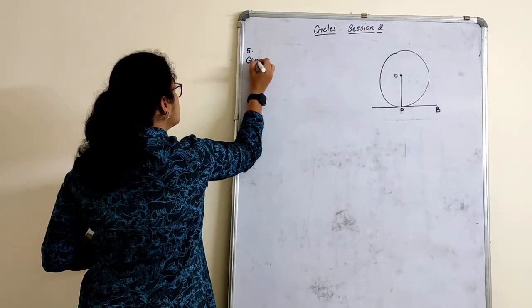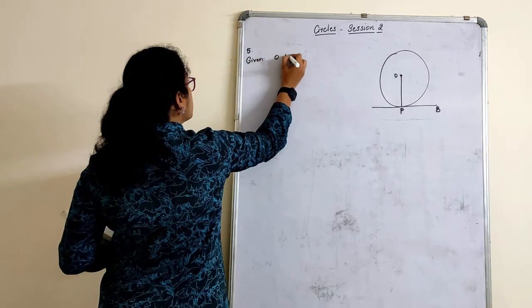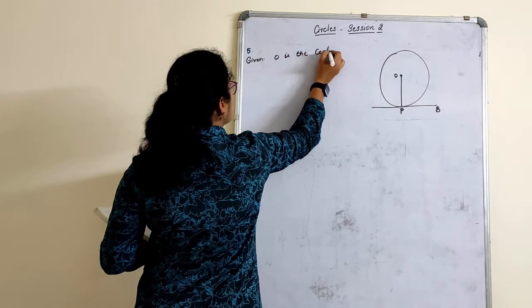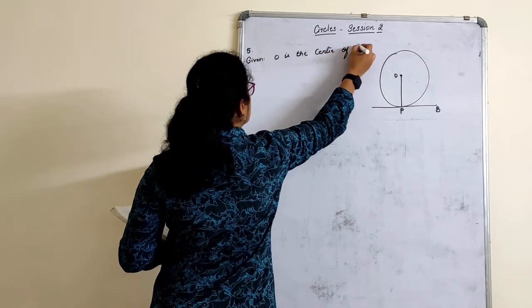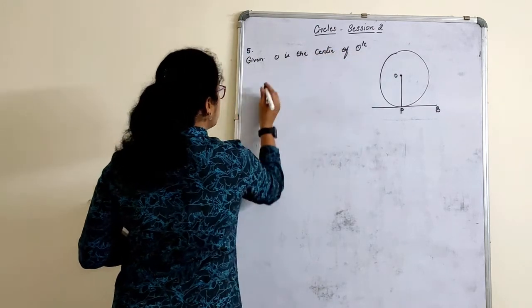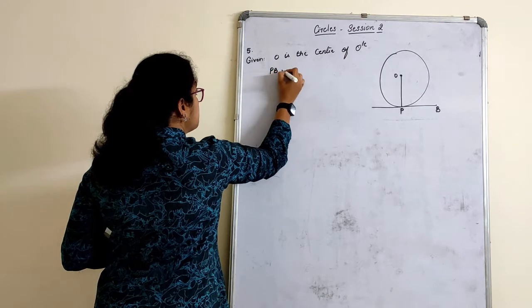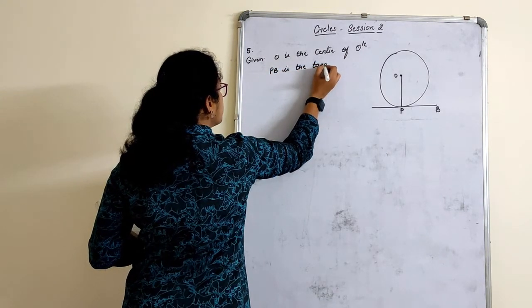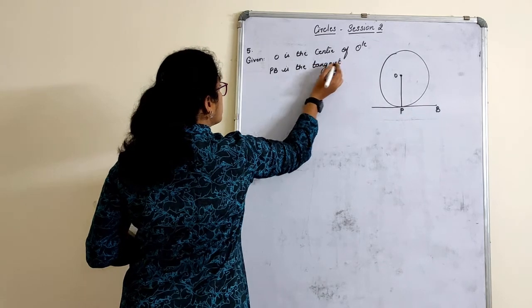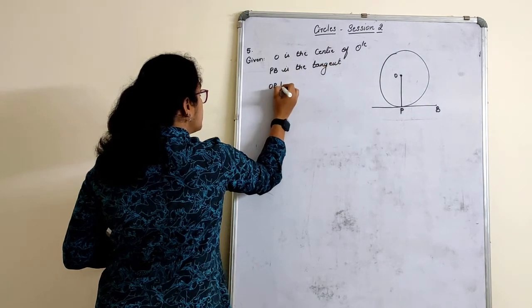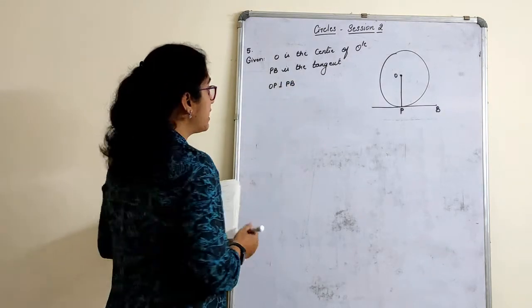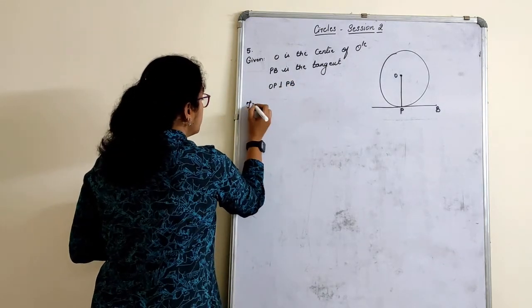Given: O is the center of the circle, PV is the tangent, OP is perpendicular to it at P. We know this, right, from the tangent radius theorem.